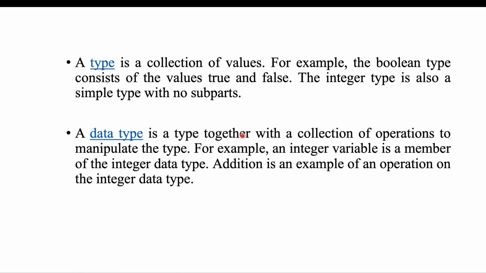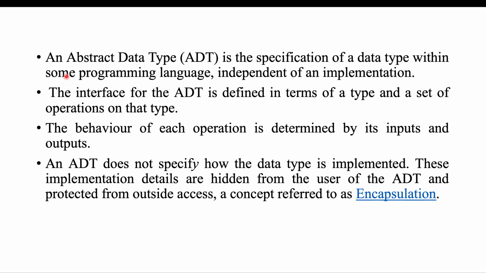So these are the two separate concepts which gave rise to the primary topic of discussion today, which is abstract data type. Now, an abstract data type is the specification of a data type within some programming language which is independent of an implementation.